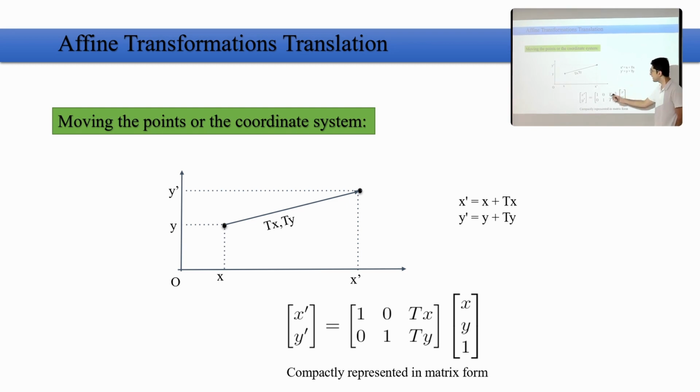So if you implement this, you will achieve x prime, y prime based on the tx, ty that you want on the point. When your robot is moving on the coordinate system and you want to plot it and map it, of course you need translation as one of the basic steps.